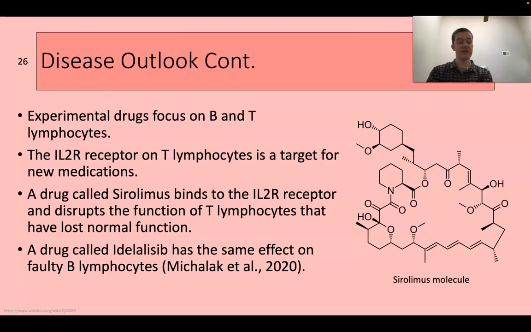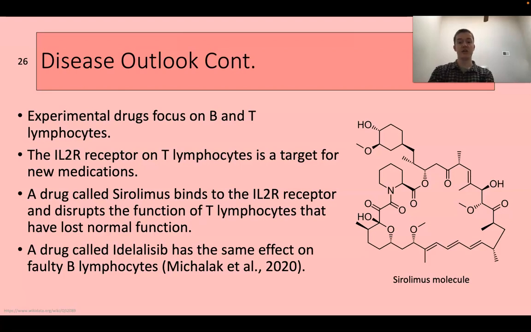The primary focus of these drugs are B lymphocytes, which are white blood cells that produce antibodies, and T lymphocytes, which kill cells that are tagged with certain antigens. A receptor on the cell membranes of T lymphocytes called interleukin-2 receptor, abbreviated IL-2R, on the second bullet point there, is a target for the new experimental drugs.